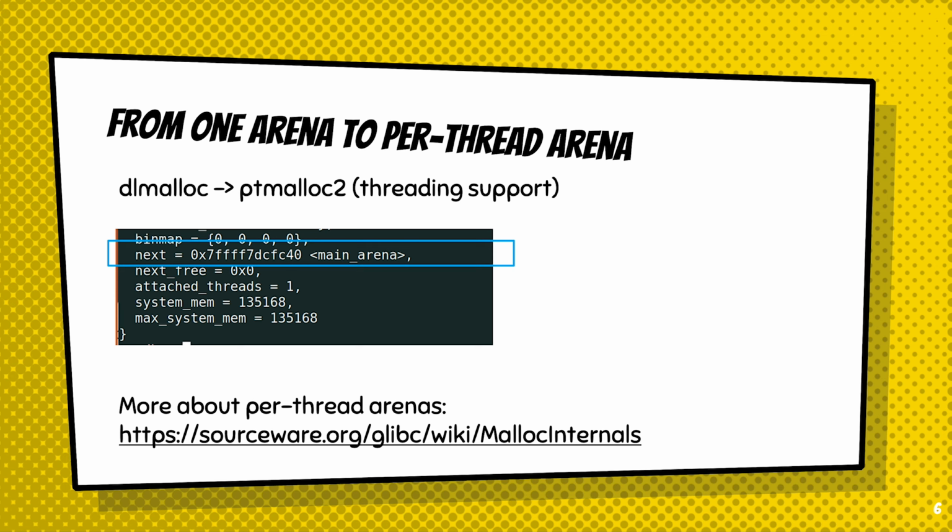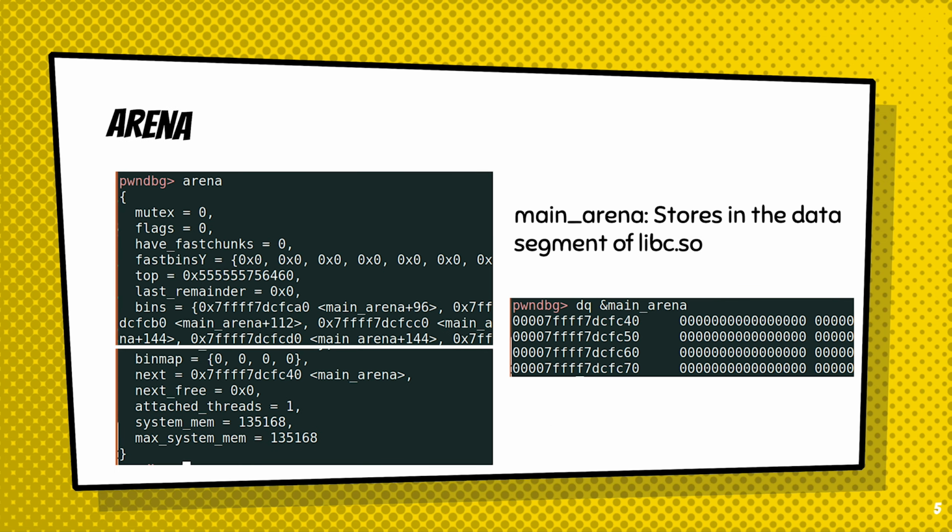Actually, for ptmalloc2, each thread, if possible, will have an arena, and then the arena will point to other arenas, as well as the heaps related to the current arena. The arena corresponding to the main thread is called the main arena. And that is why you can use main_arena to get that information. Also, because there might be multiple arenas, they chain together so that you can find the other arenas from one.